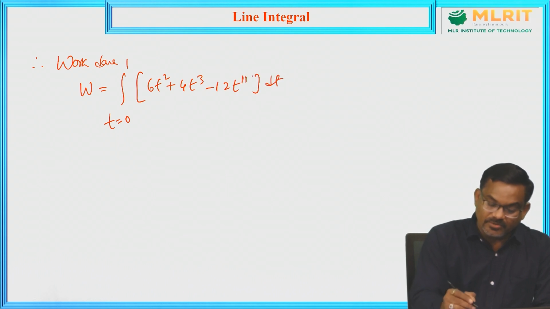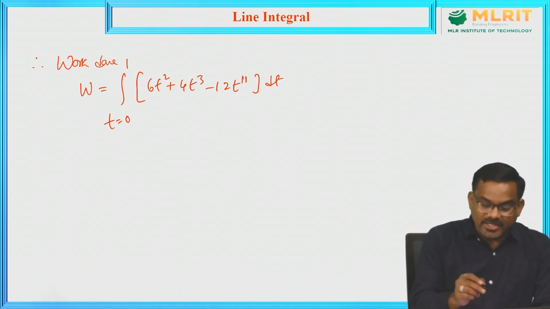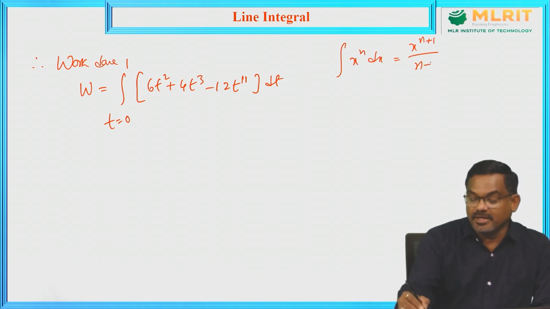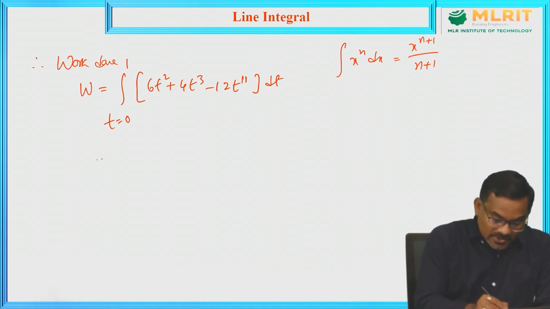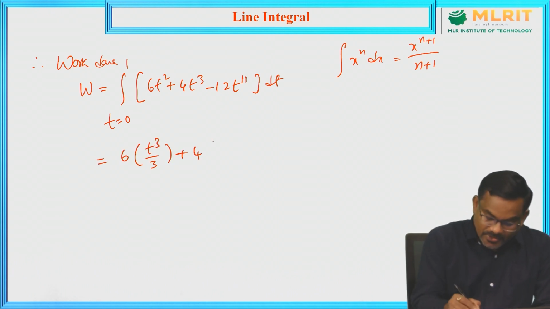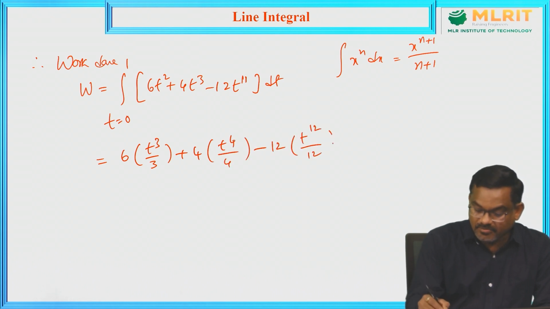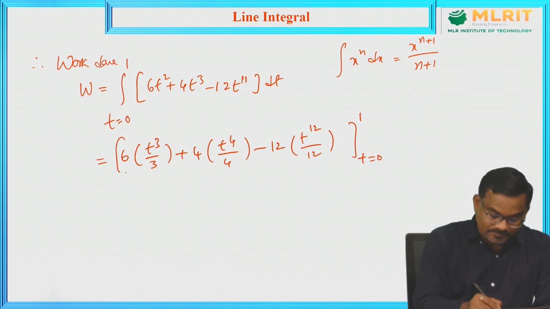So, we need to integrate this function. To integrate this, we use the formula integral x power n dx is x power n plus 1 by n plus 1. So, here 6 into t cube by 3 plus 4 into t power 4 by 4 minus 12 into t power 12 by 12 from t equal to 0 to 1.